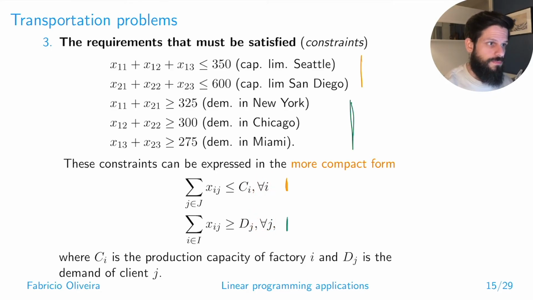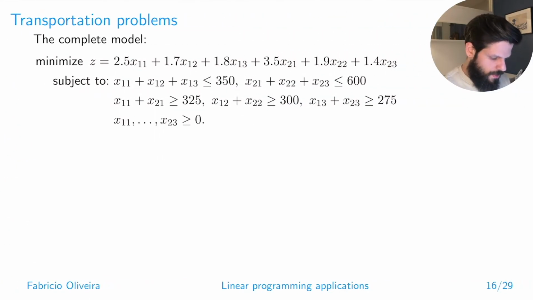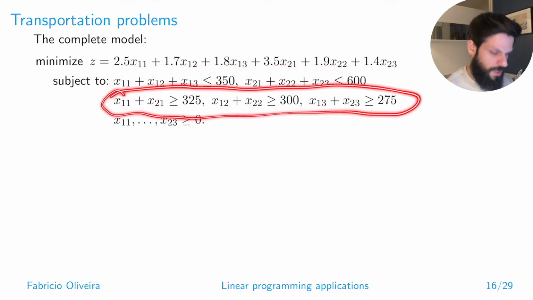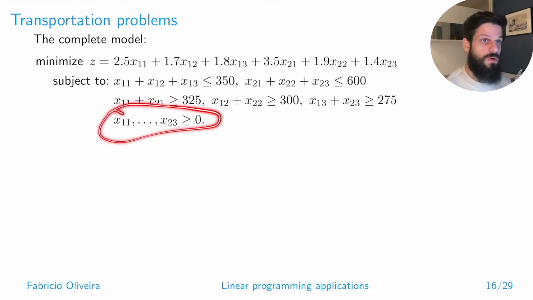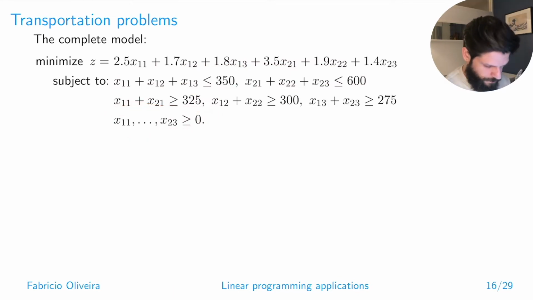So that's kind of how it's expressed in modeling languages like JuMP, like we've been using in our course as well, because it's detached from the input data you have. And so this is our complete model with our objective function right there, our capacity constraints, and our demand constraints, like so. And of course, all flows have to be positive. You can't have negative flows.